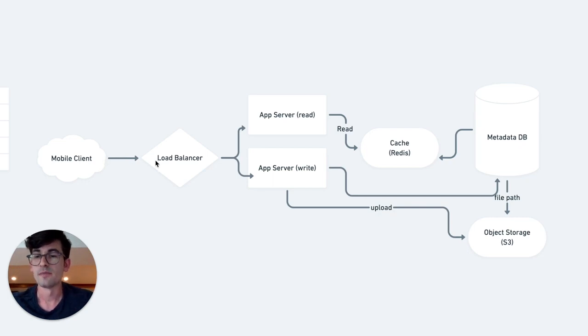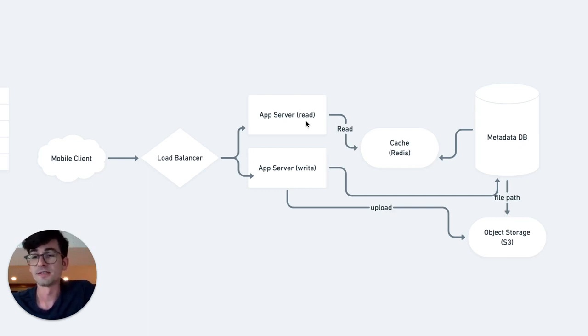Our request will come to our load balancer, which will be the top level part of our system. It will get the request, it will figure out which service it belongs to, and route it to that service or one of the instances of that service. And then in the read case, it will do all the business logic of figuring out, what image am I looking for?